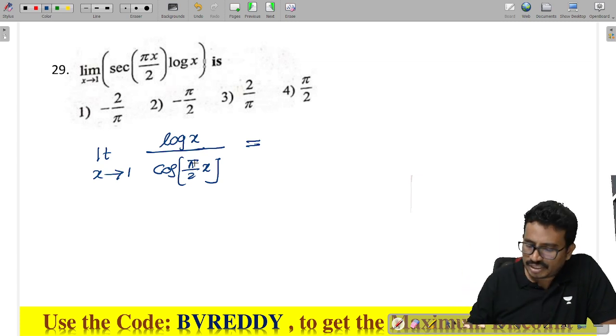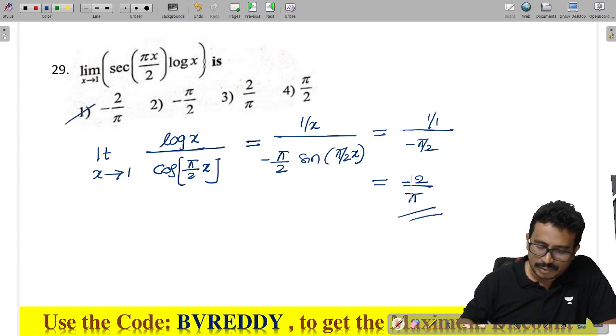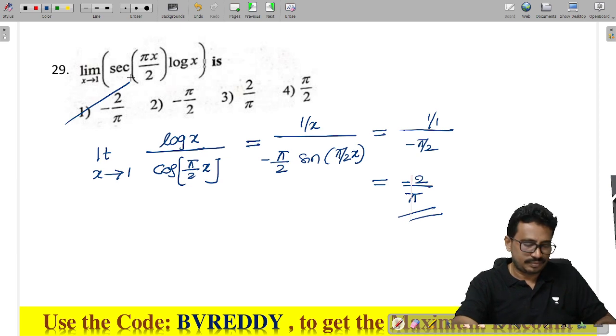For the 0 by 0 form, we can apply L'Hospital's rule. Derivative of log x is 1 by x, divided by pi by 2 into minus sine of pi by 2x. Now substitute x equal to 1. So this is 1 by minus pi by 2, which is equal to minus 2 by pi. So first option.